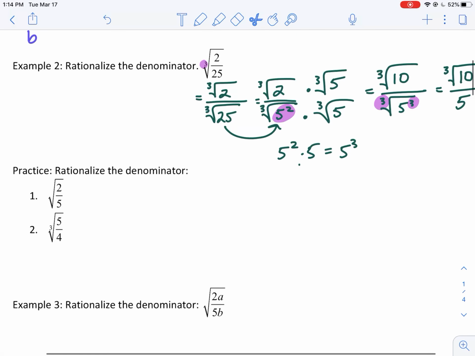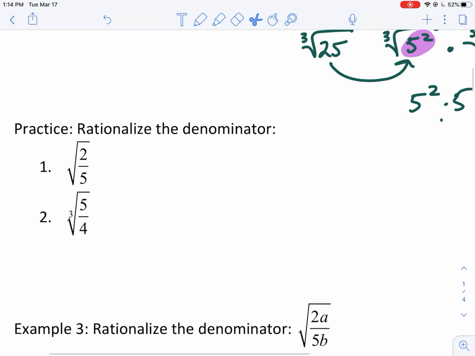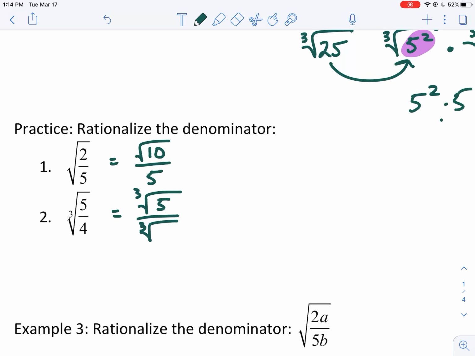Great. Now let's look real quick. For this one, you should have ended up with root 10 over 5. All right, for this one, you separate it out and rewrite 4 as 2 to the second power. So all we're doing is rewriting 4 as 2 to the second power.